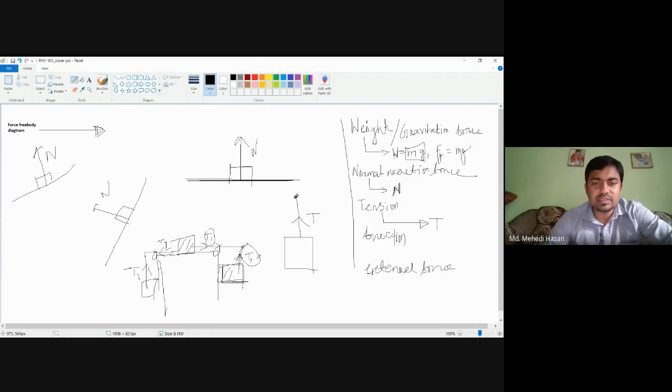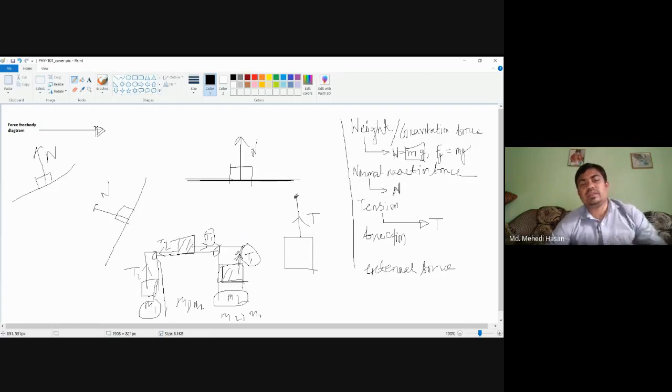If the masses M1 and M2 are equal, then T1 and T2 will be equal. But if M1 is greater than M2, or M2 is greater than M1, then the tensions T1 and T2 are different.